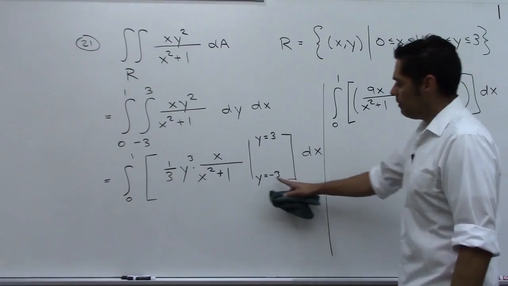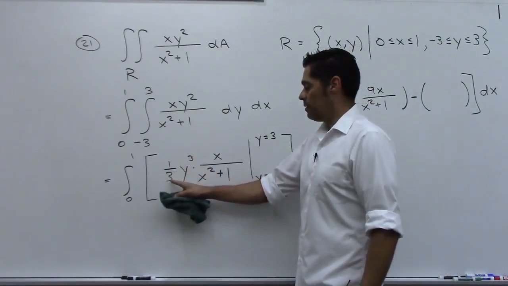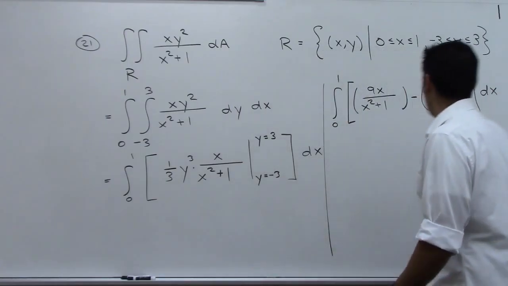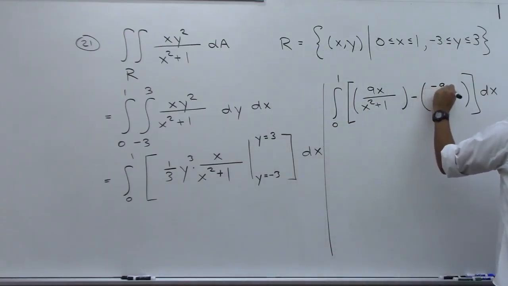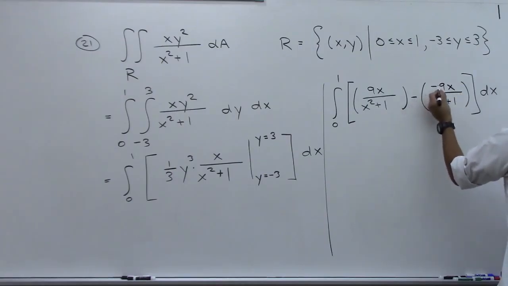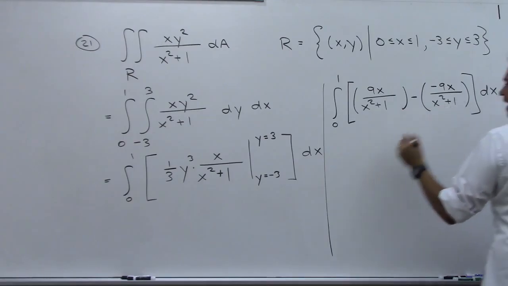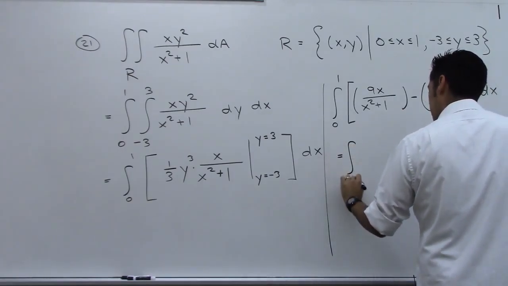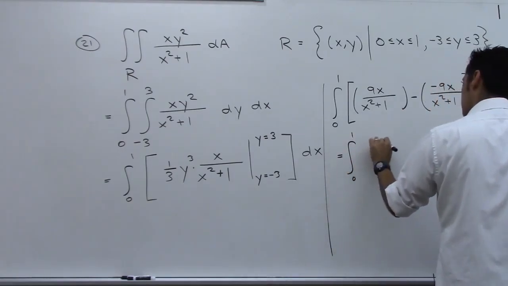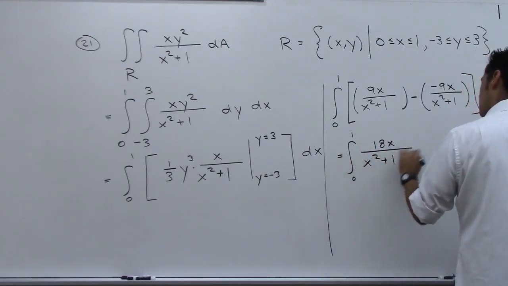And if I plug in -3, -3 cubed is -27 divided by 3, -9. So I'm going to have -9x over x squared plus 1. Minus a negative becomes plus, so I'm taking 9 of these, I'm adding 9 of them, I'm going to have 18 of them. So integral from 0 to 1 of 18x over x squared plus 1 dx.